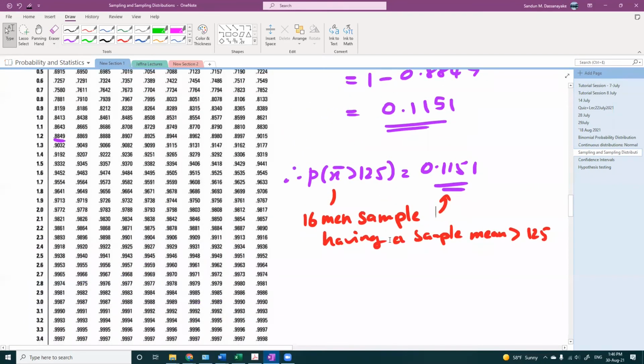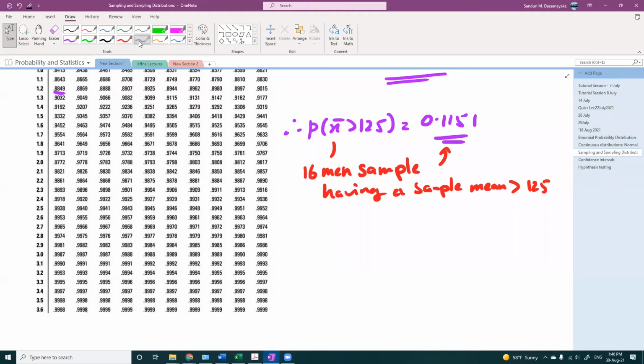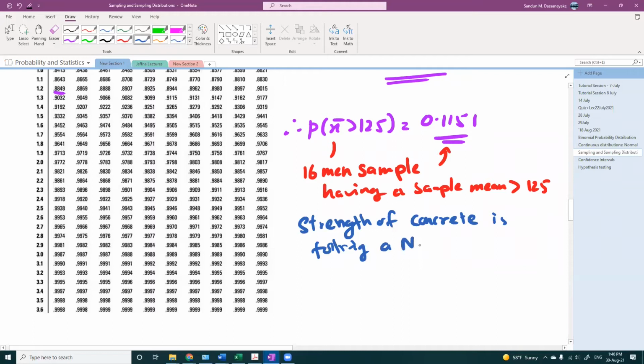If you are asked a simple question, let's think about this type of question. You know that the strength of concrete follows a normal distribution with a mu of 150 megapascals and a sigma of 10 megapascals. Okay, this is the normal distribution.